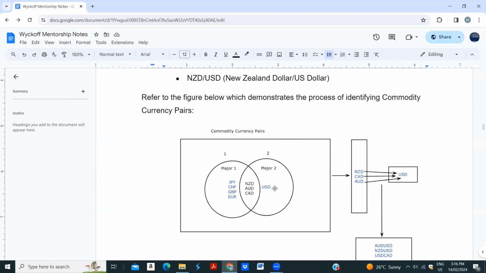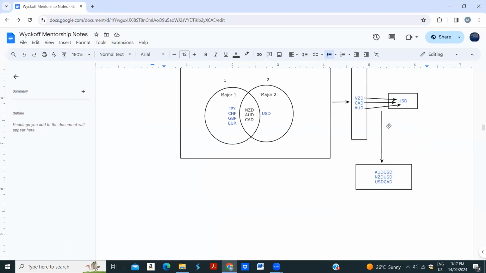When they are combined with the US dollar, we form these currency pairs: Australian dollar, New Zealand dollar, and USD CAD. These three kinds of currency pairs are known as commodity currency pairs.